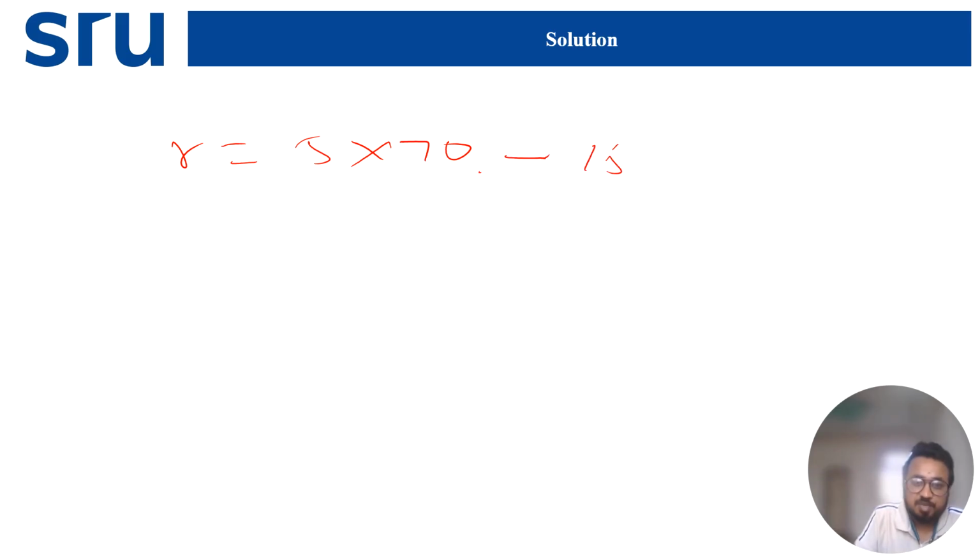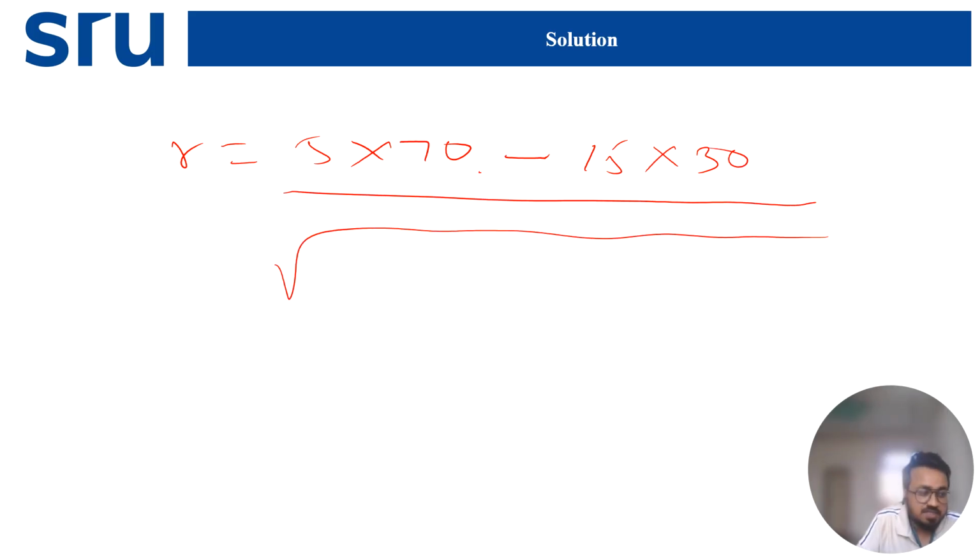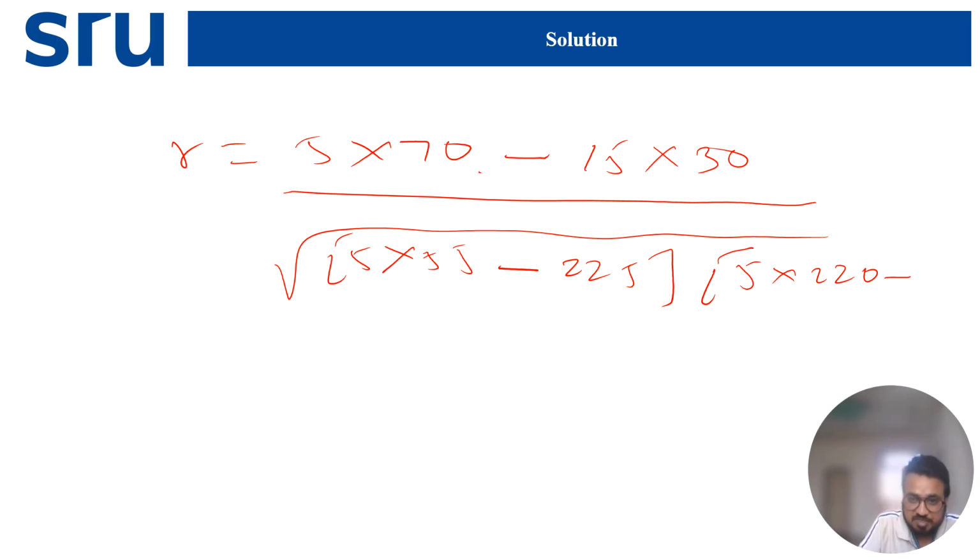Summation of x is 15, and summation of y is 30, divided by square root of n into summation of x square, so 5 into 55, minus summation x whole square, that is 15 whole square, this is 225, into 5 into summation y square, this is 220, minus summation y whole square, this is 900, right? So now we'll calculate this value. This will be equal to -1, right?